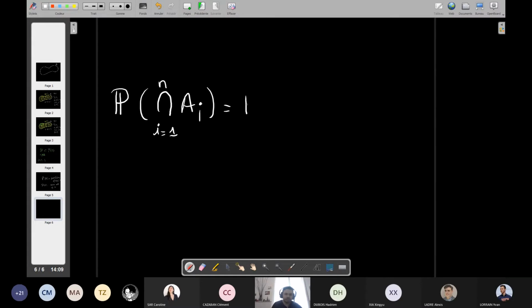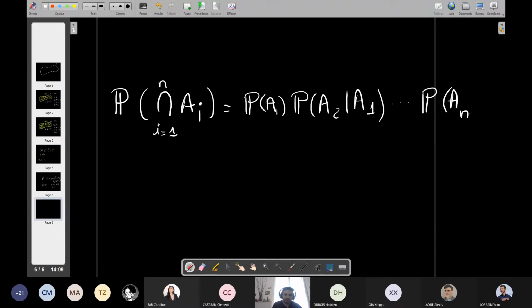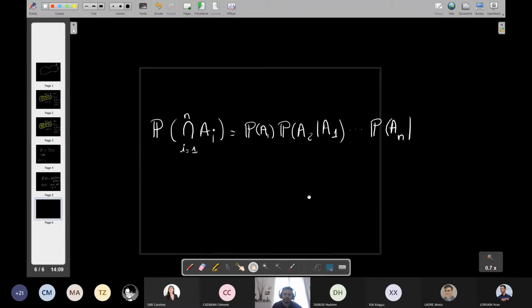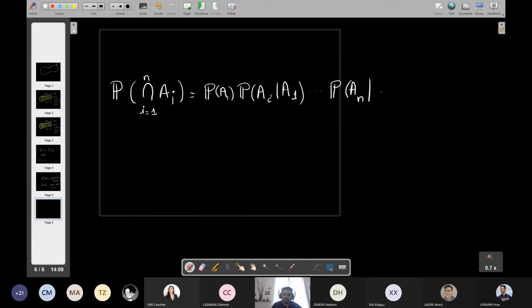And this is P of A1 times P of A2 given A1 times the probability of An given the intersection of all the preceding sets, Ak for k equals 1 to n minus 1.